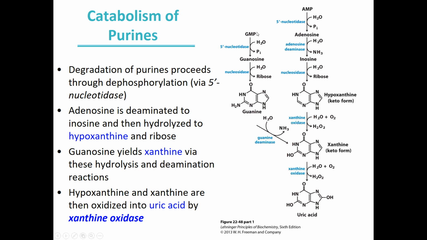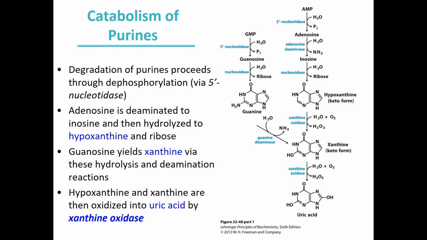With GMP, similarly, we lose the phosphate, we lose the sugar, and then guanine is deaminated to produce xanthine. Xanthine will then be converted to uric acid by this important enzyme, xanthine oxidase.